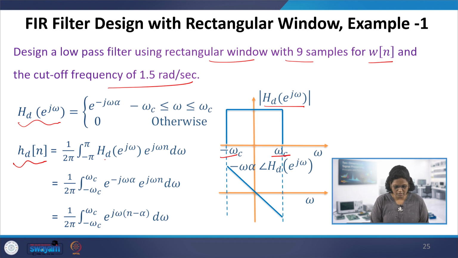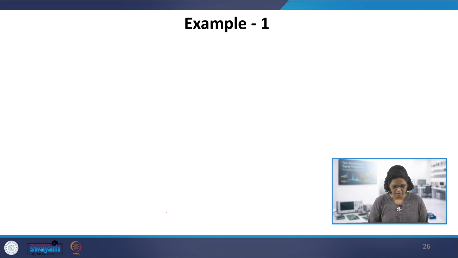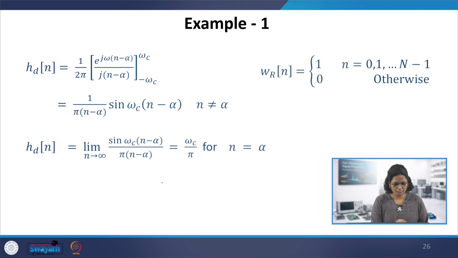Here Hd is e power minus j omega alpha in the region minus omega c to plus omega c, and combining the two terms we get e power j omega into n minus alpha. Now, integrating with respect to omega, we get Hd of n as 1 by 2 pi, e power j omega into n minus alpha divided by j into n minus alpha, with limits omega c and minus omega c.